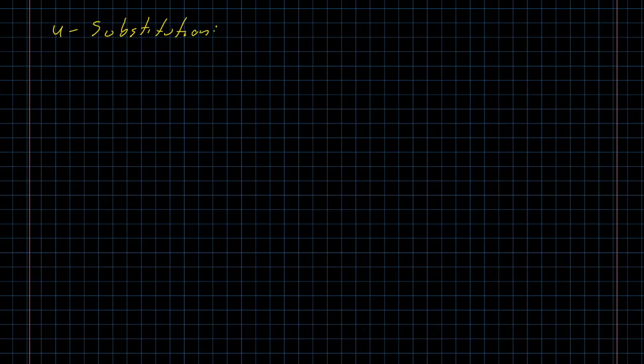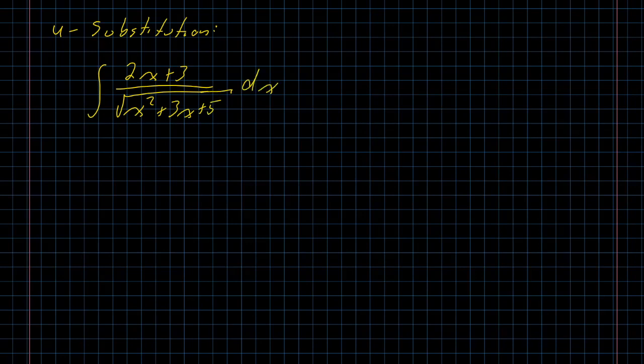All right. The first tool is the method of u substitution. So for example, if I'm looking to take the integral of 2x plus 3 over the square root of x squared plus 3x plus 5 dx, I might notice that I've got a real mess on my hands.